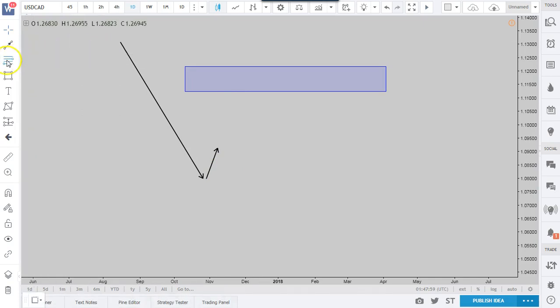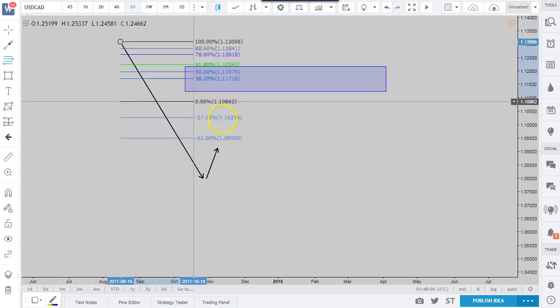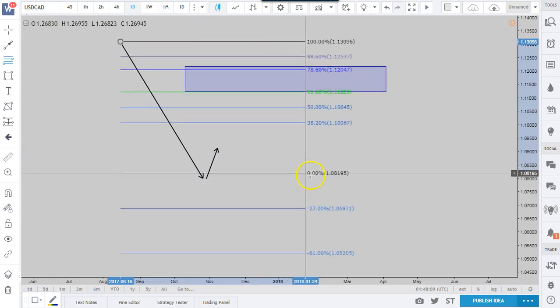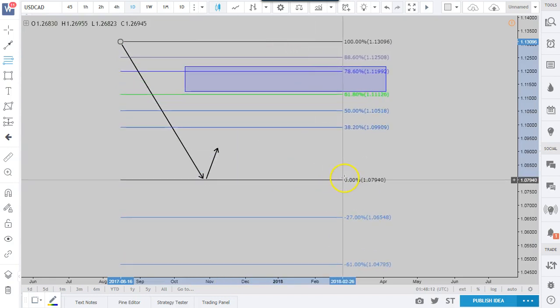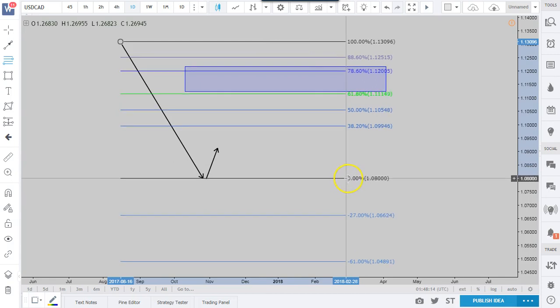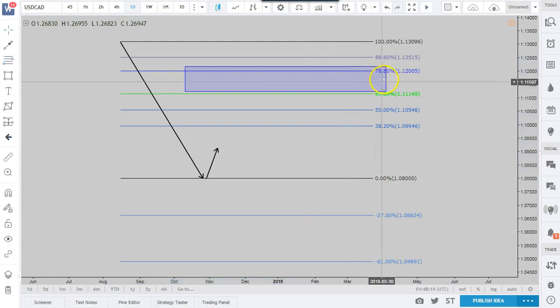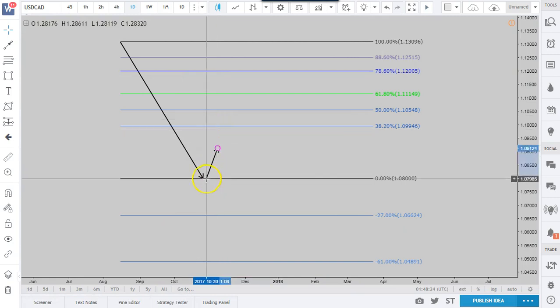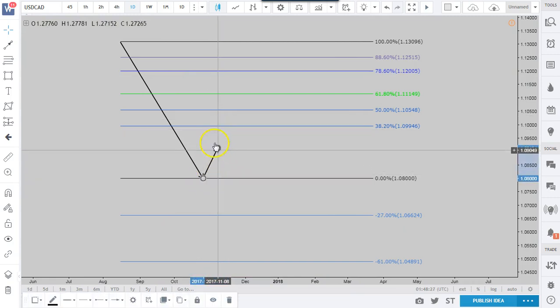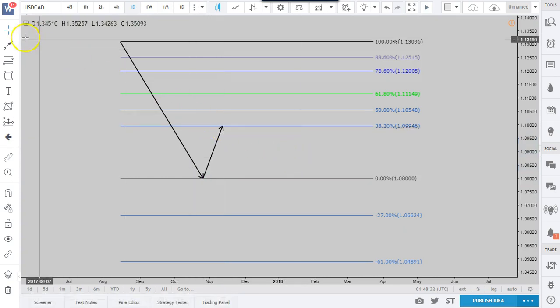Then we bring in a Fibonacci tool, drawing from this swing high to the last swing low, which is the impulse leg. As you can see, this is the last swing low. Let me delete this out. So we draw it to the last swing low, and then price happens to retrace into this level of 382. We are looking for a trade opportunity here.